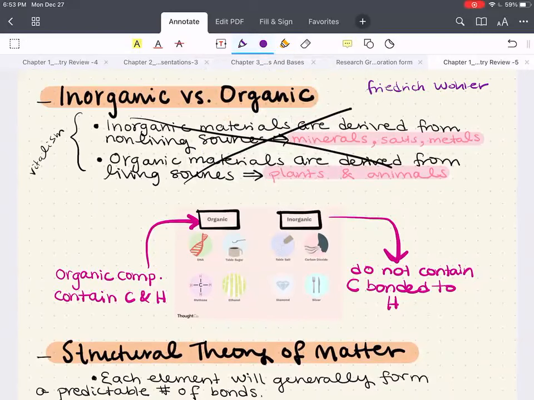And he did so by converting an inorganic salt, ammonium cyanate, NH4OCN, into an organic compound called urea.